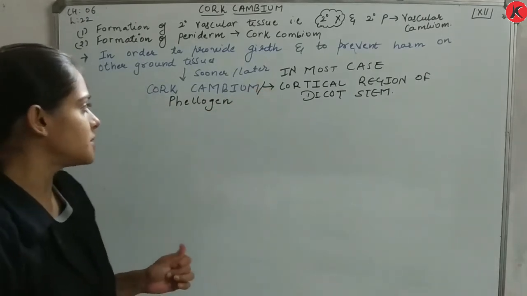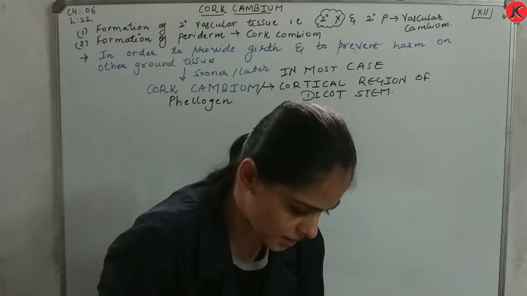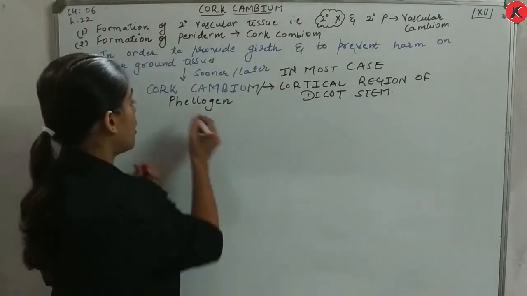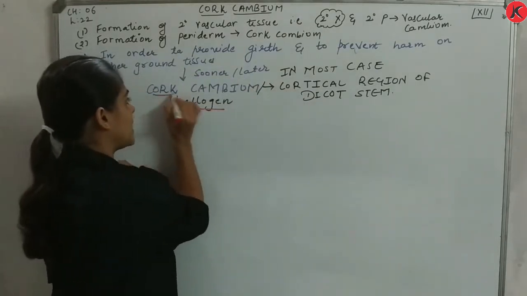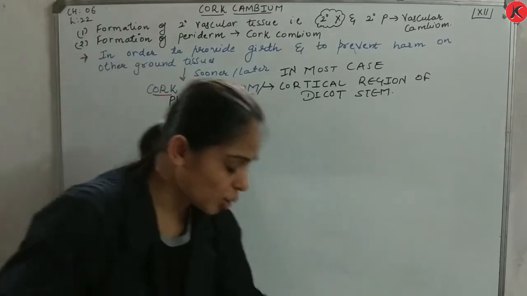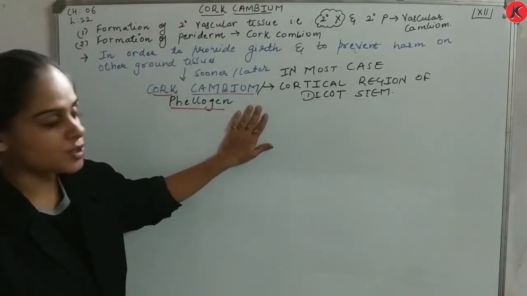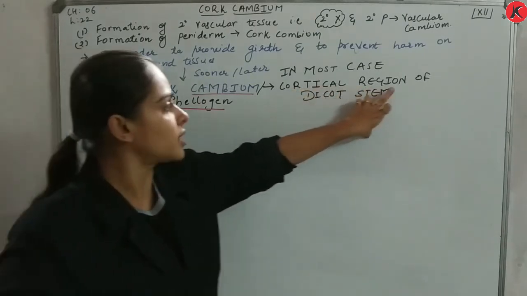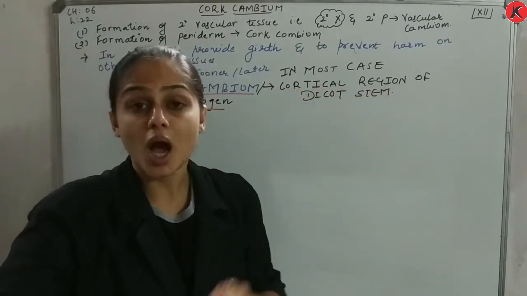What cork cambium is said as? Phellogen. Am I clear? So these points are very much important. ओके, तो ये कहाँ पे बनता है? In most cases, it arises in cortical region of dicot stem.